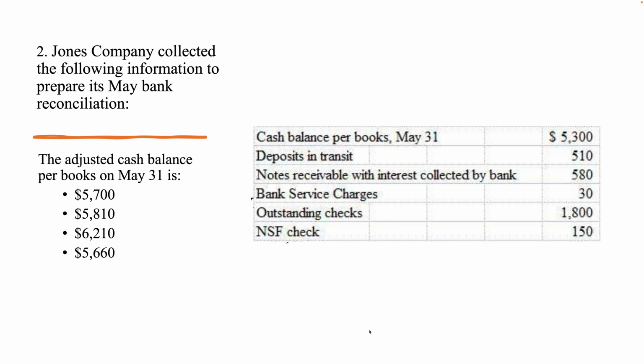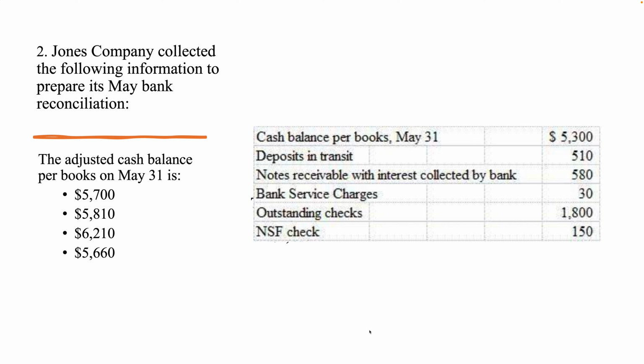Problem 2. Jones Company collected the following information to prepare its May bank reconciliation. We have the cash balance on May 31st, deposit in transit, note receivable with interest collected by bank, service charge, outstanding check, non-sufficient fund check.